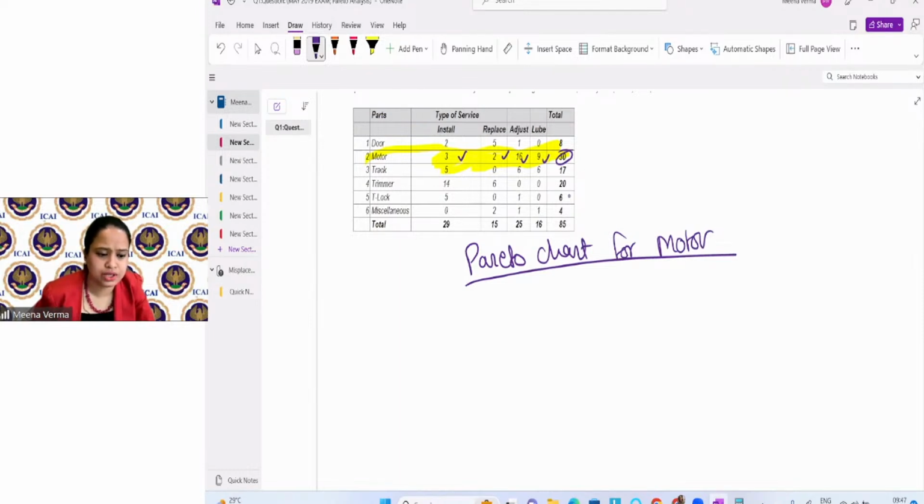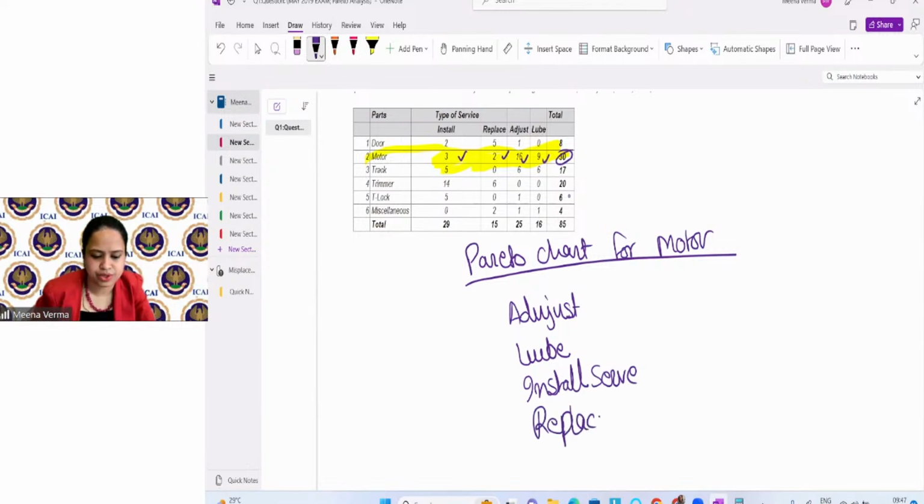So we have, highest is motor adjustment. Then after that, lubricating. Then we have installation services. Then we have motor replacement.